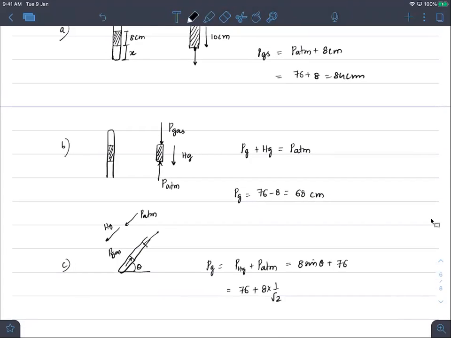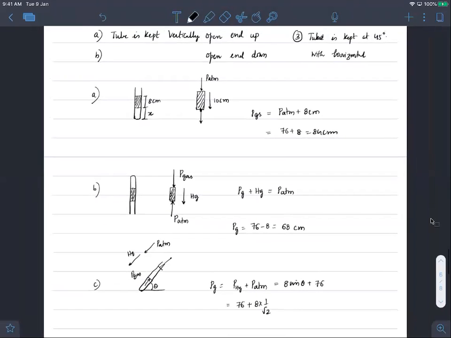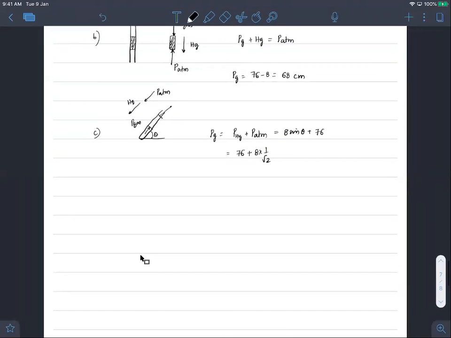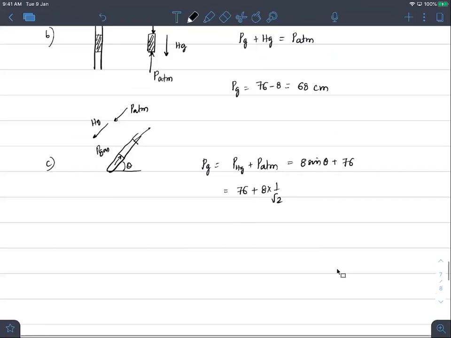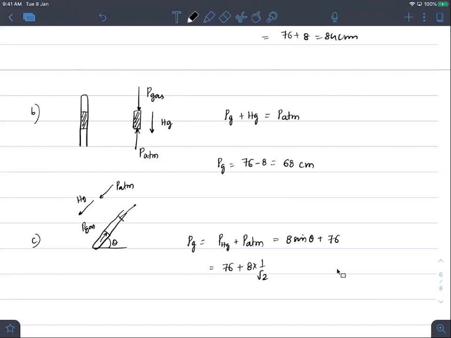Is this clear, everyone? This is one type of question that is asked. Now, going ahead, we learned what the state functions are. Let me keep repeating: we learned what an ideal gas is.